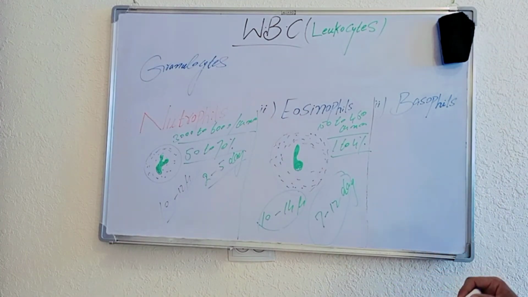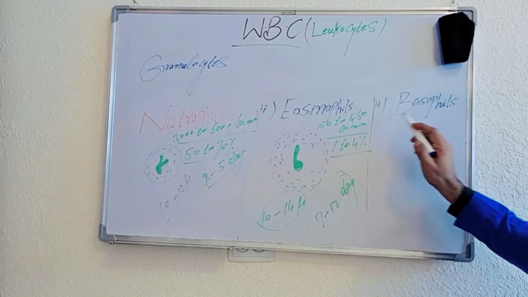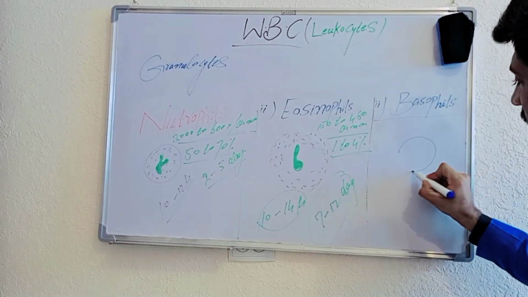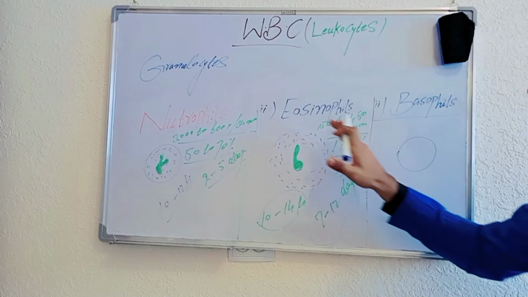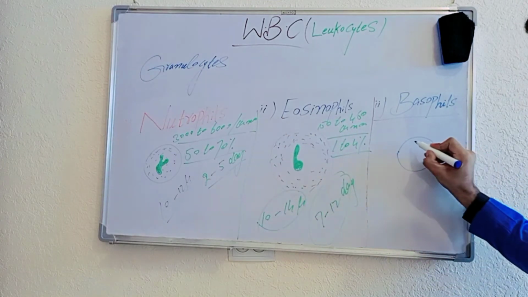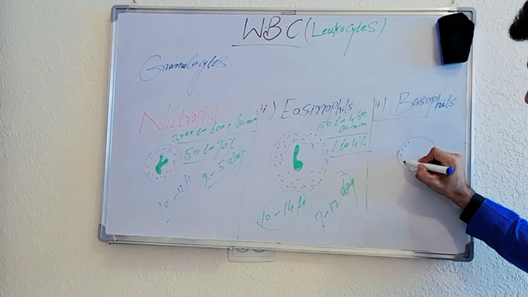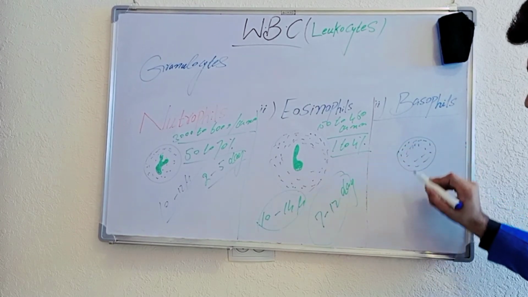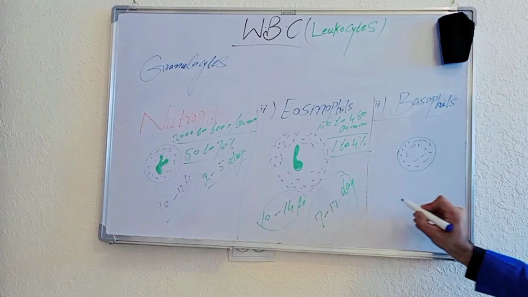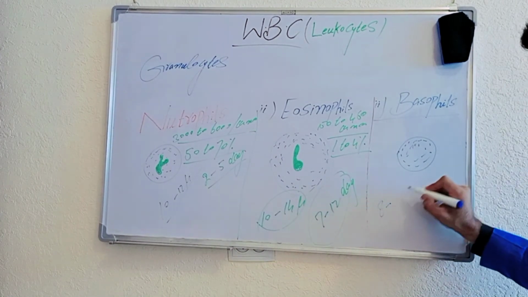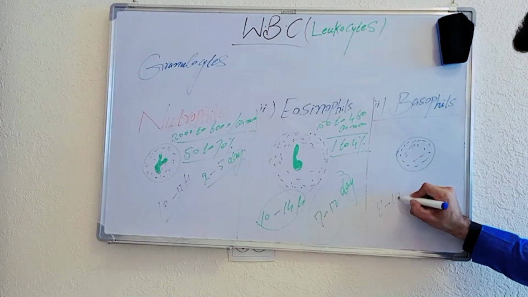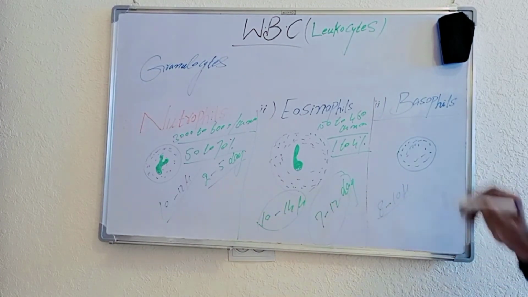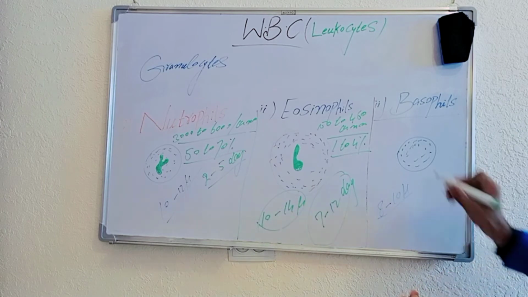And third is basophils. These are smaller than both eosinophils and neutrophils, and there are also large size granules present. The diameter of this cell is 8 to 10 micrometers, and there is also a bilobe nucleus present.